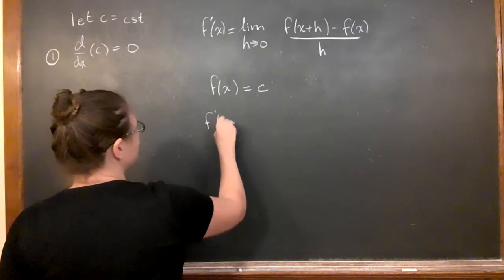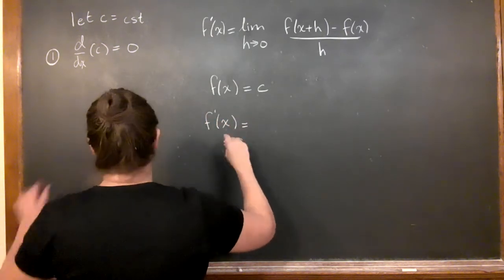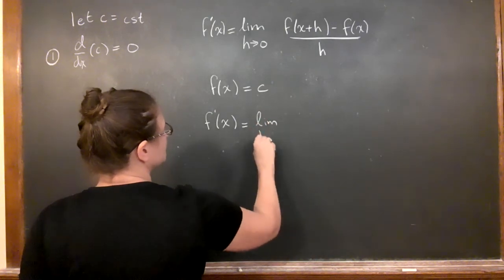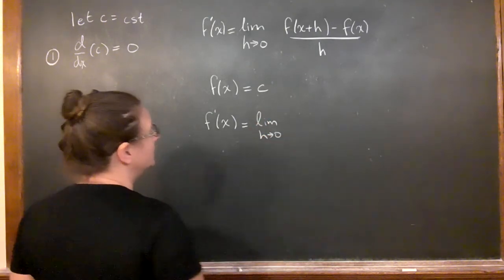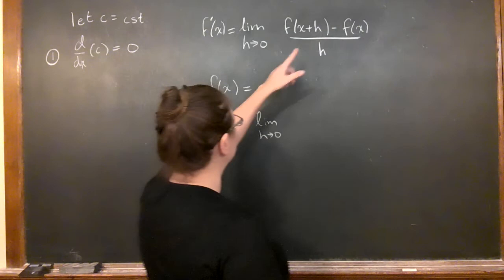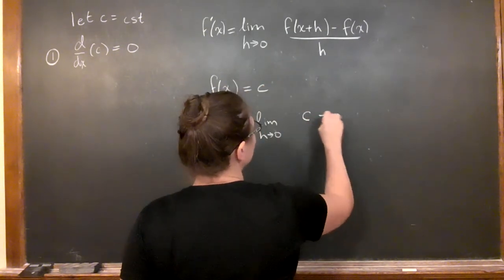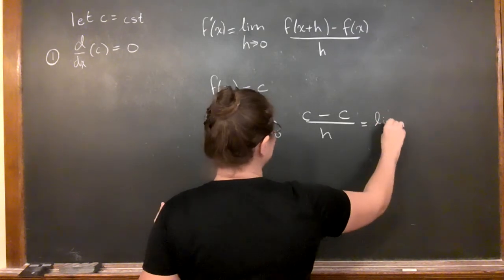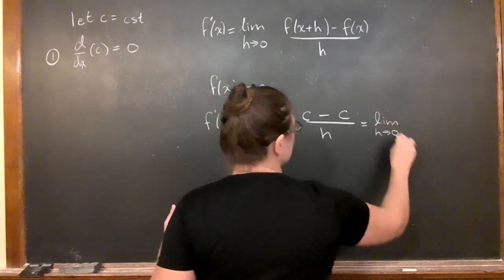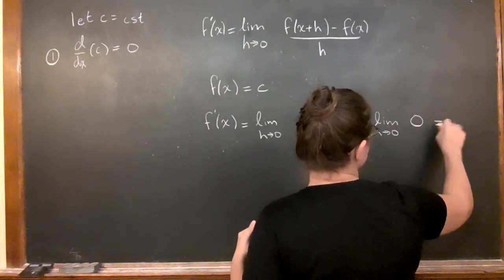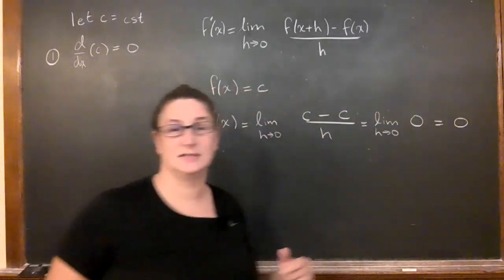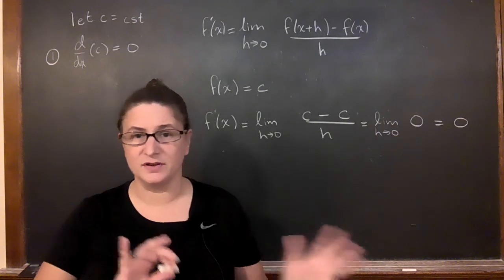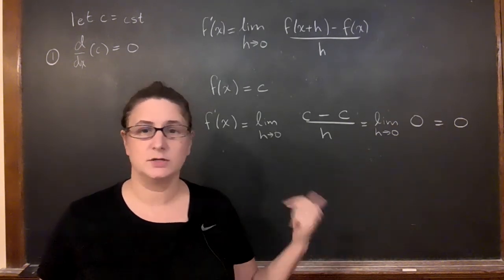So if I do f prime of x, or the derivative of c, I just plug in, but look, f of x plus h is just c. f of x is just c. So this is just 0, and the limit of 0 is 0. So the derivative of a constant, if there's no variables, just goes to 0.